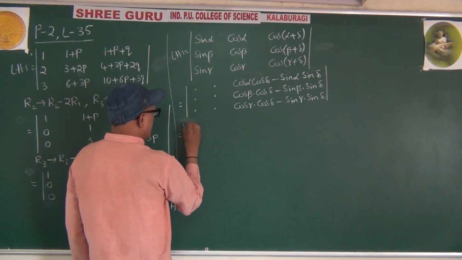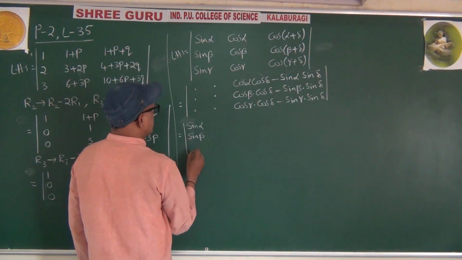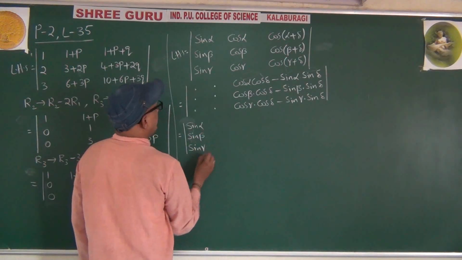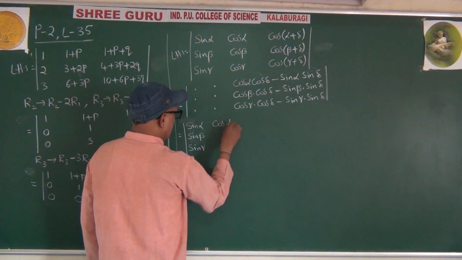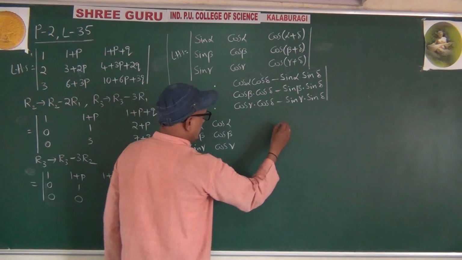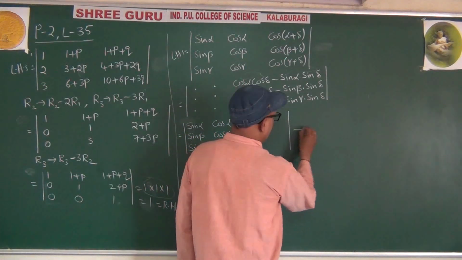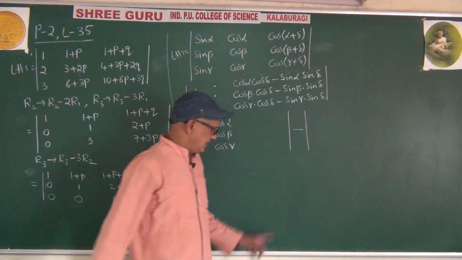Sin alpha, sin beta, sin gamma, cos alpha, cos beta, cos gamma. Okay. Minus. So why minus? Here you wrote plus.